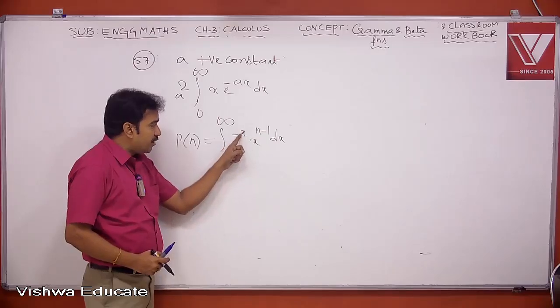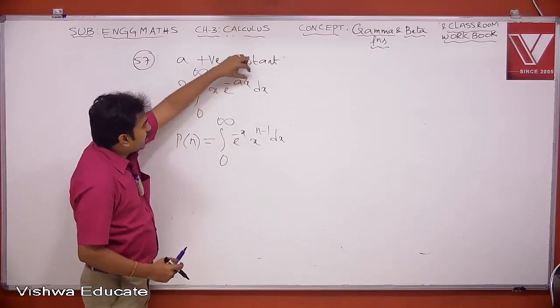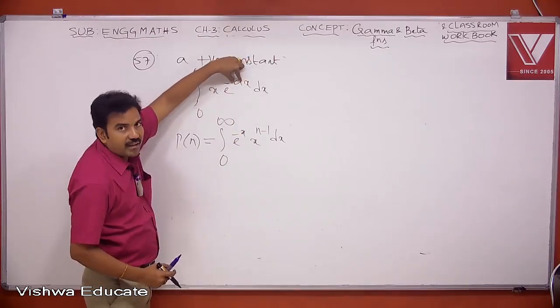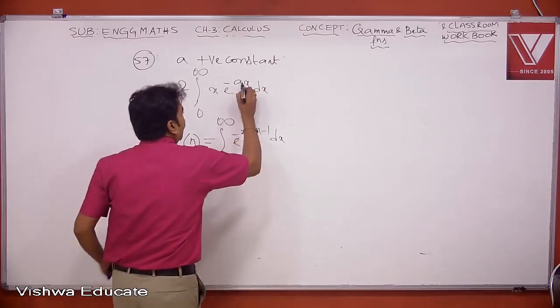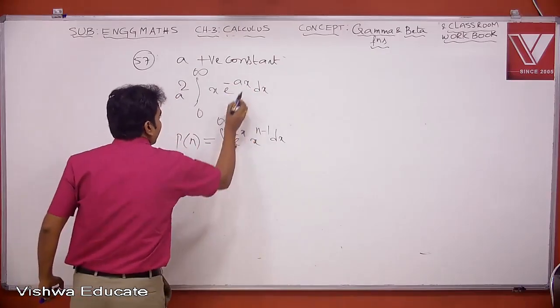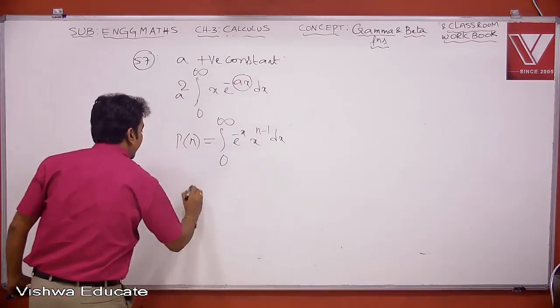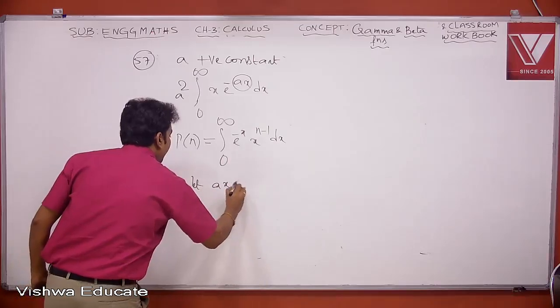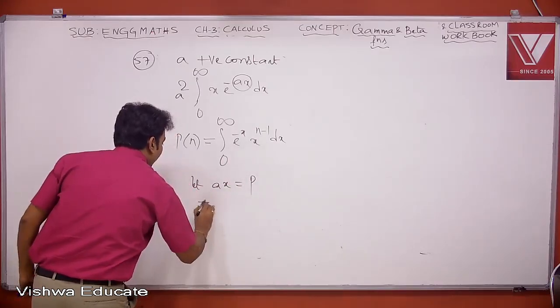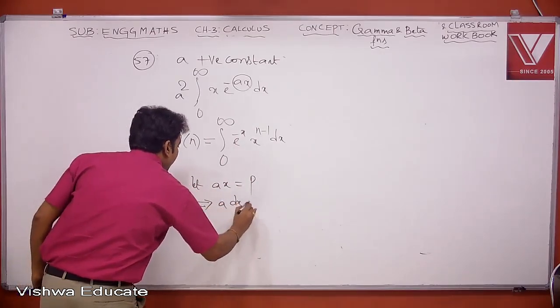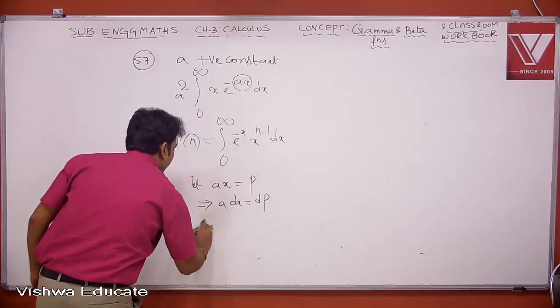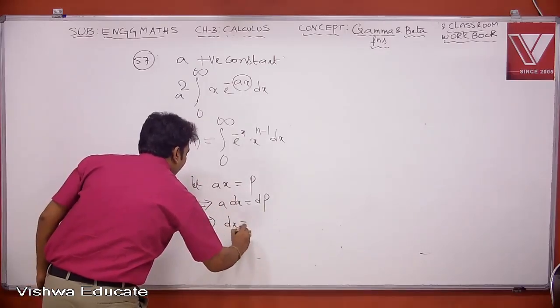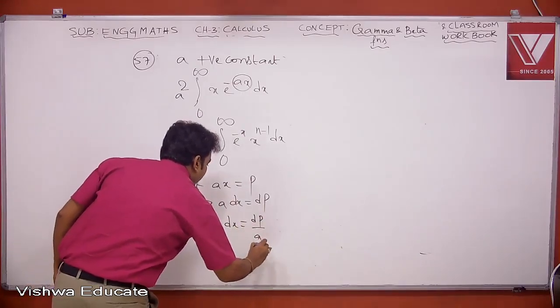And here it must be a single variable x. But here before x, we have a constant a. Therefore, in order to convert this into the gamma function, we take ax equal to some new variable p. So let ax equal to p. This implies a into dx equal to dp. This implies dx equal to dp divided by a.